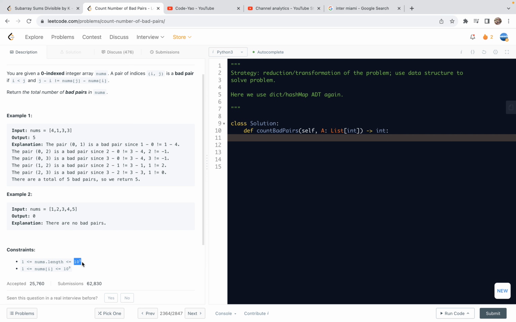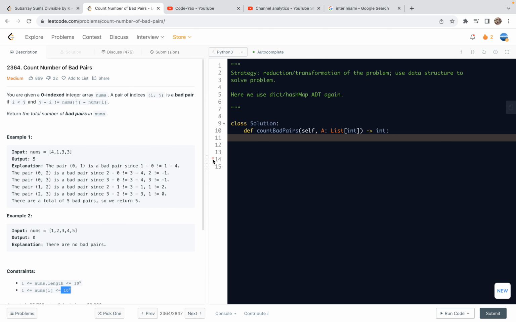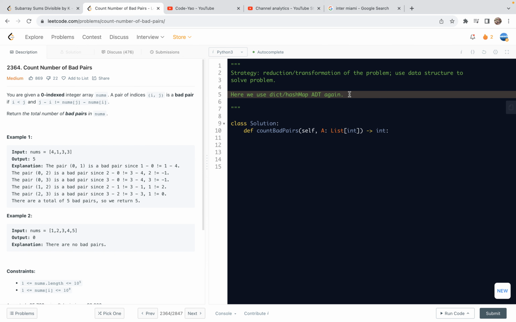Because a typical computer can handle about 10 to the power 7 operations per second. Here the elements in the list are strictly positive. They're greater than or equal to 1 and bounded above by a large number. So with that said, let's look at the problem logic.